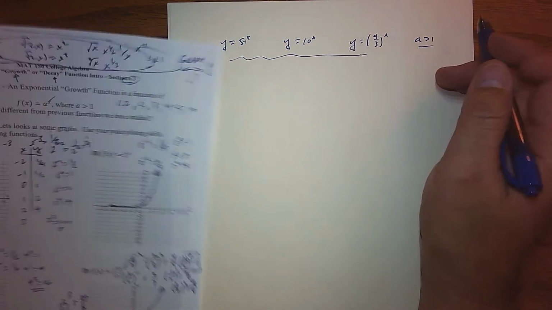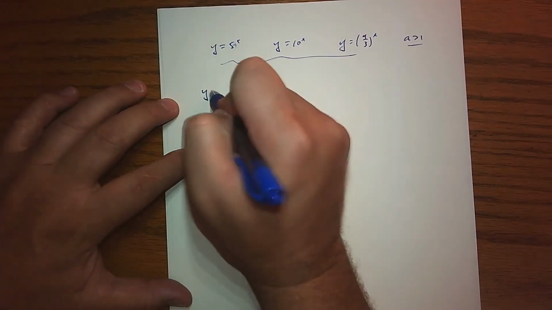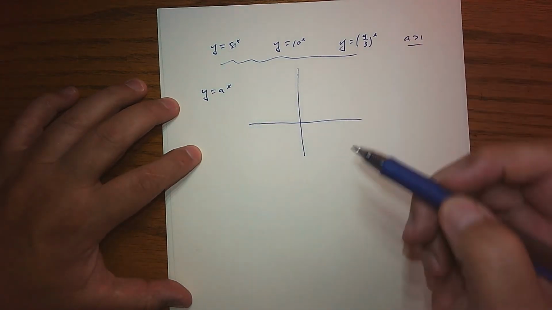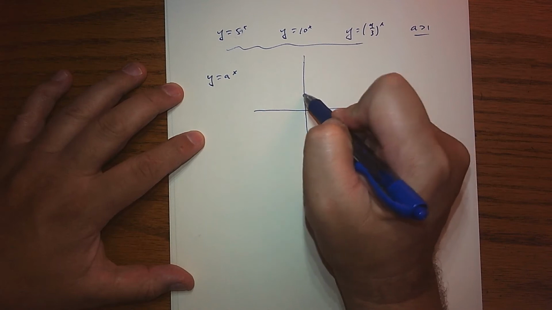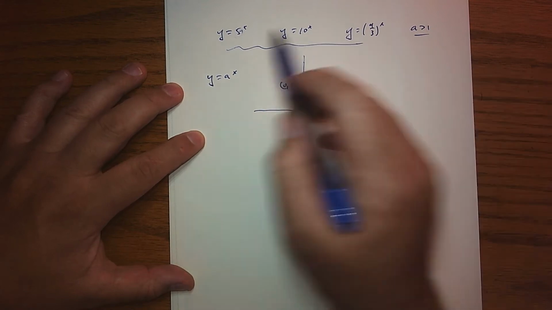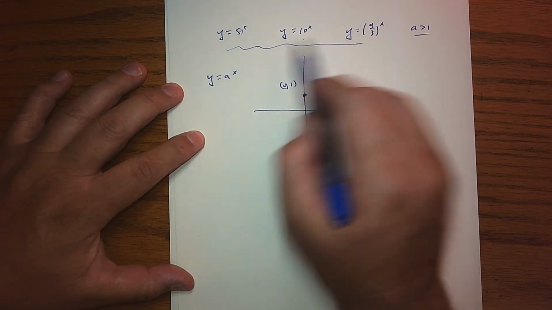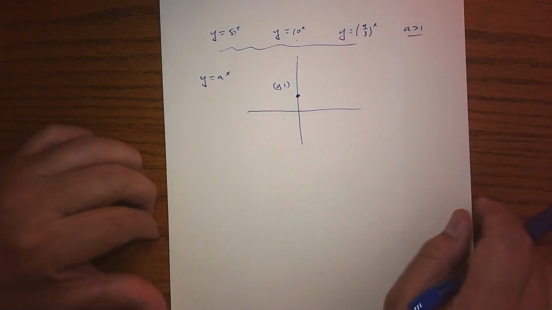Well, after doing it 4 times, what I expect the graph, let's just go ahead and call it a to the x, to behave like, the one point that seems very consistent with everybody is everybody goes through 0, 1, right? Because anything to the 0 power, whether it's 5, 10, 4/3, a, whatever, is 1.